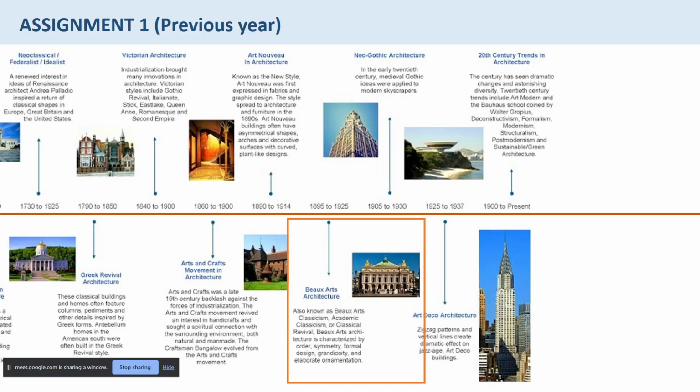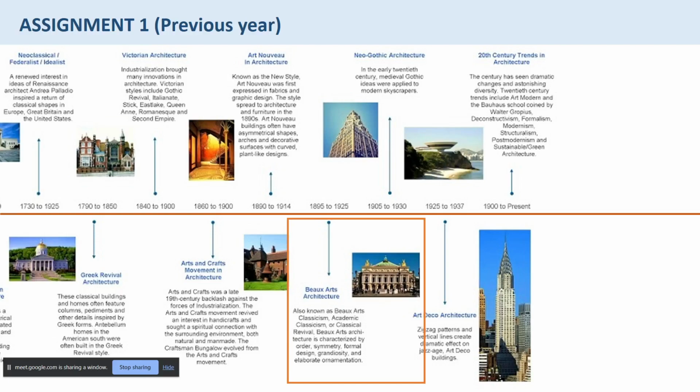Then we have Art Deco. Again, Art Deco was using, what would I say, eccentric forms in architecture. Very different kinds of forms, very different kinds of patterns, very dramatic it was. And then we had modernism, and then later we had postmodernism.